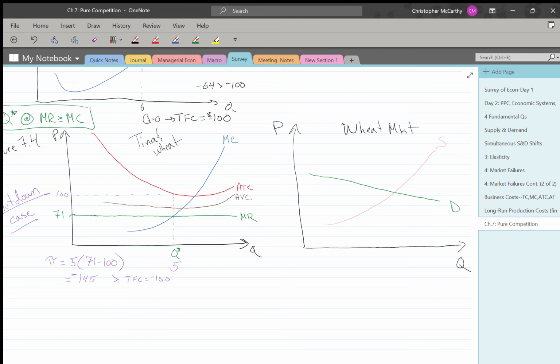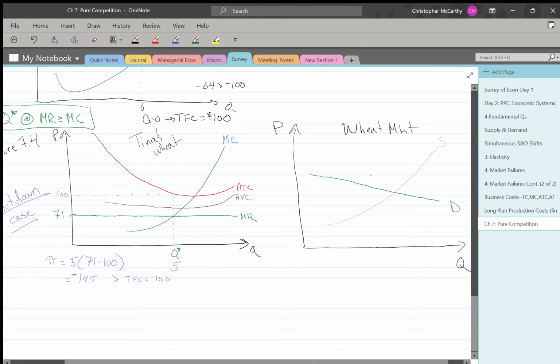If firms are exiting the industry, what does that do to the number of firms? Decreases them. Number of firms is one of our determinants of supply. So that's going to shift our supply curve inwards.